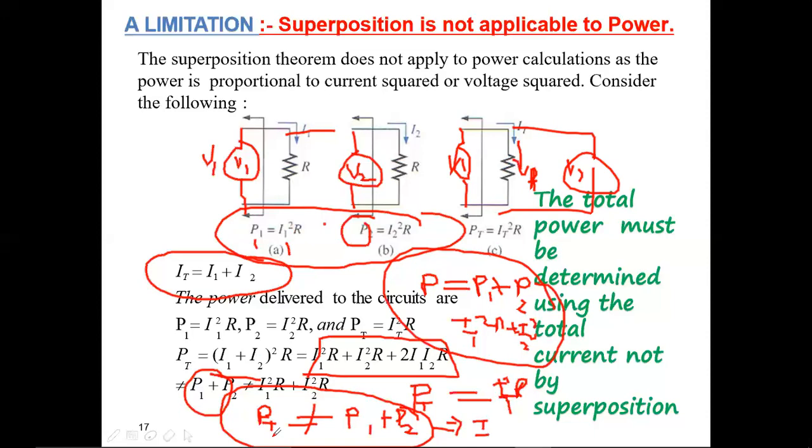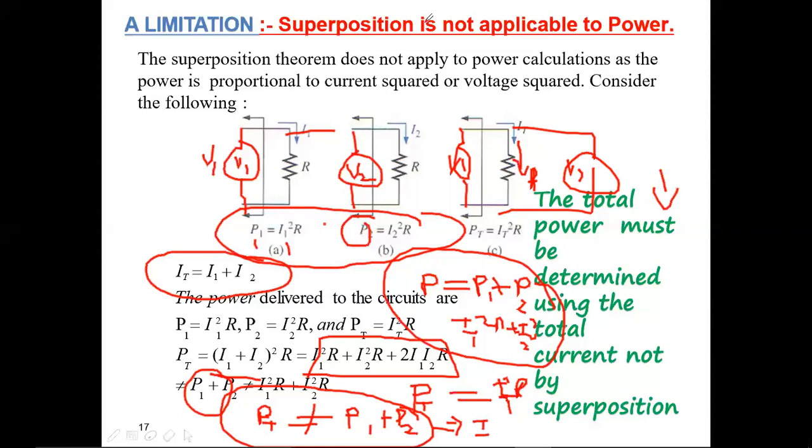That is the reason you can't apply the superposition theorem for the measurement of power. This is one important limitation of the superposition theorem: the total power must be determined using the total current, not the superposition theorem. You should remember this point clearly.